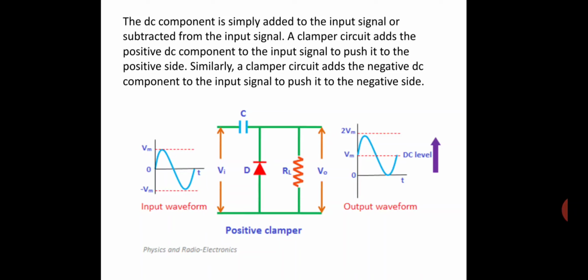At first Vi gives a negative cycle to the diode and capacitor. In the negative cycle the diode is forward biased, because the first point is negative and the input is negative, both are negative, so the diode is forward biased. The diode works as a short circuit and the capacitor charges up to a value, Vc equals Vm.